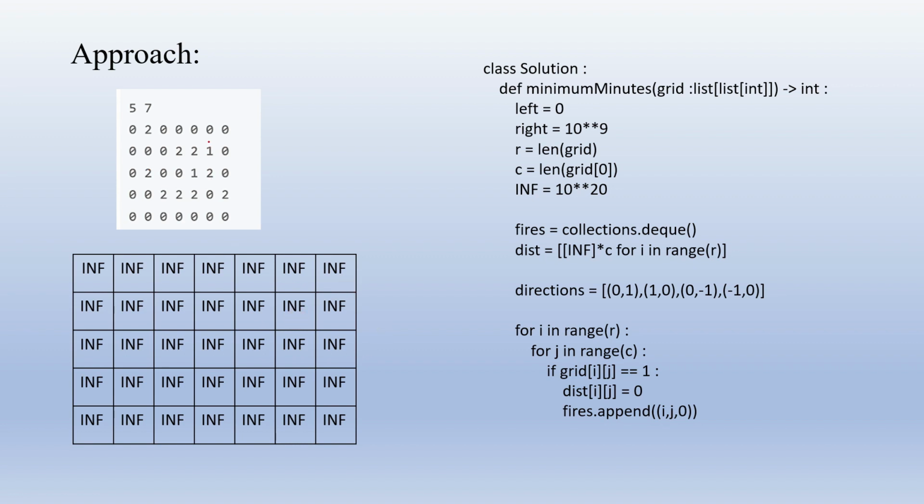Here 1 represents fire. At the position of distance, we mark it as 0. And at this position also, we mark it as 0. These are already fired. At time is equal to 0, these cells are fired.